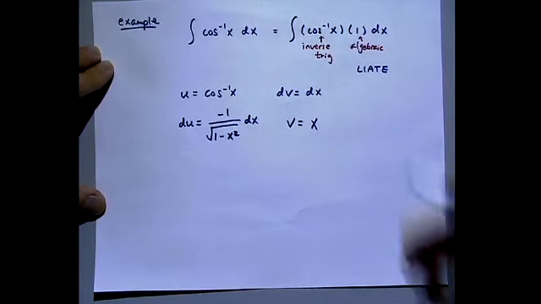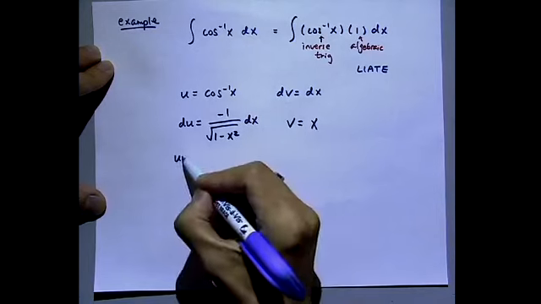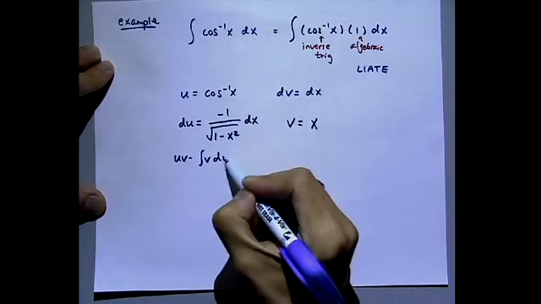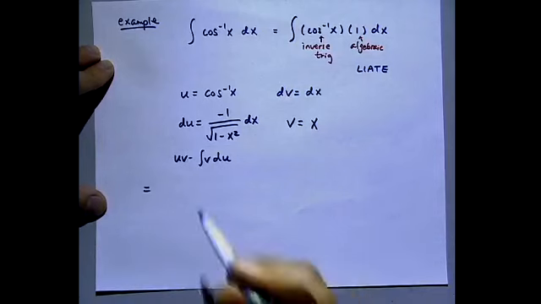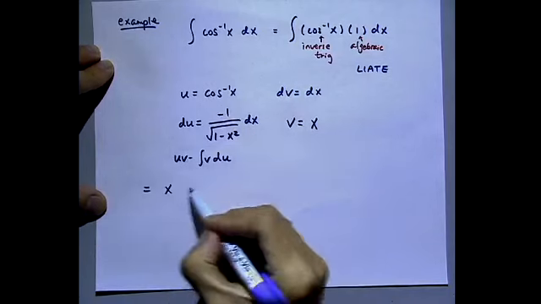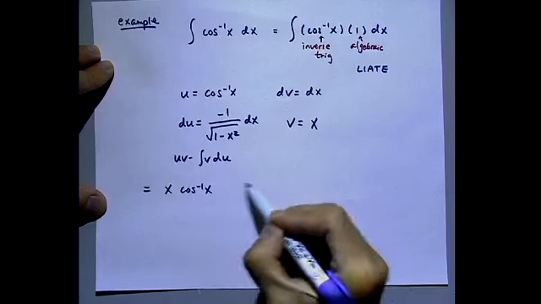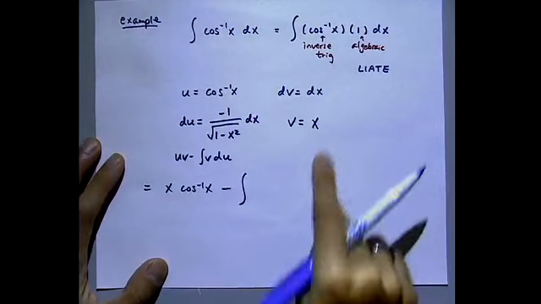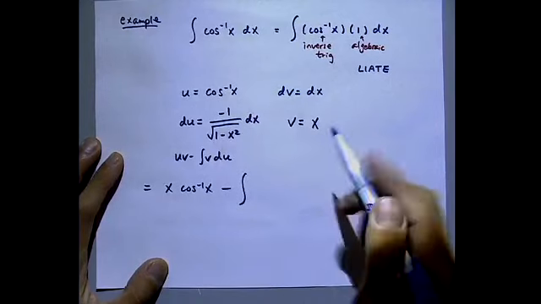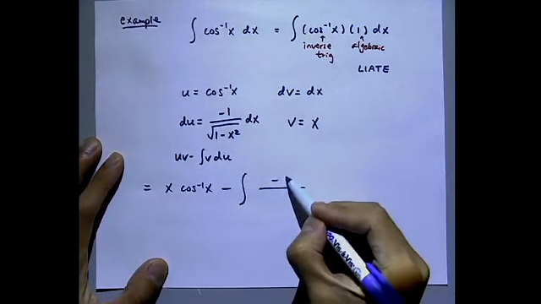Okay, then we go through our uv minus v du. And let's see, what do we get? We get uv minus the integral of v times du. Let me do it this way.